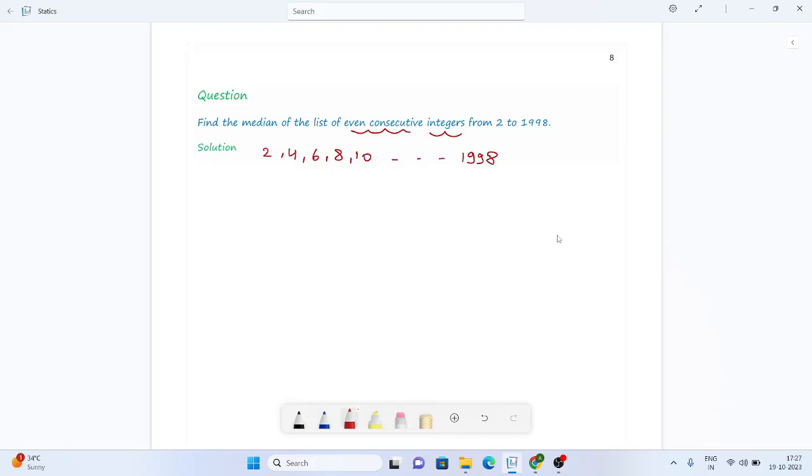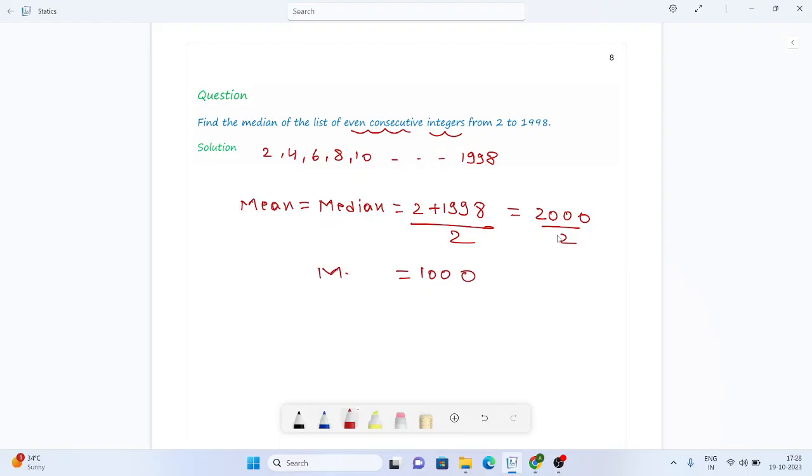So this is the series of even consecutive integers. Here the mean and median are equal to first term 2 plus last term 1998, divided by 2, which gives 2000 by 2, and the answer is 1000. Here they asked for the median, so the median is 1000. Did you get this? Okay. Note it down.